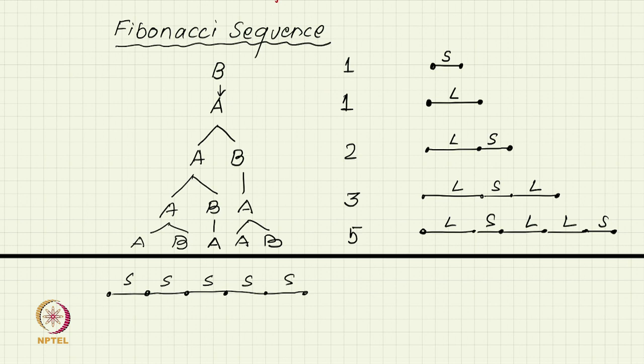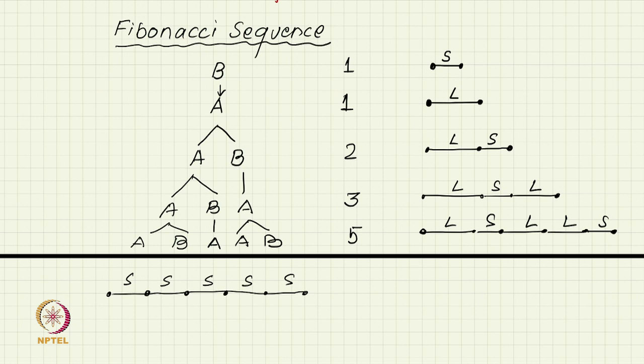Is it periodic? It is not periodic. You are already seeing long, short, long, long, short. If you had LS, LS, LS, that was periodic, or if you had LLS, LLS, LLS, that was also periodic. But in this Fibonacci process, you are never assured to have periodicity.